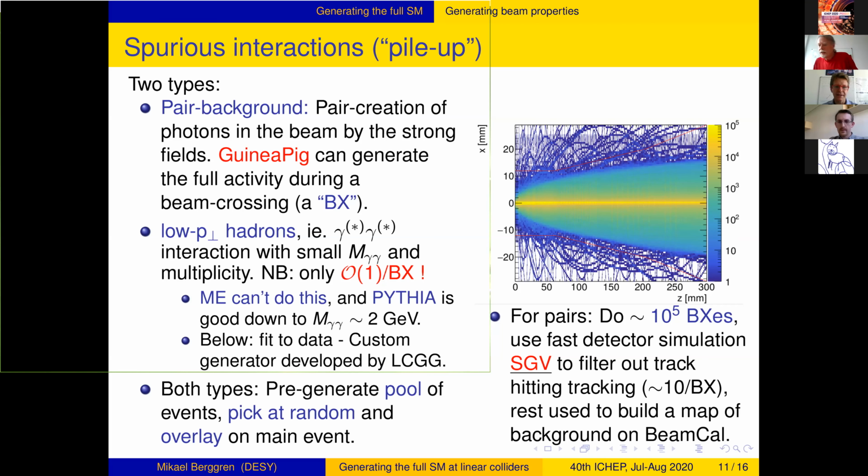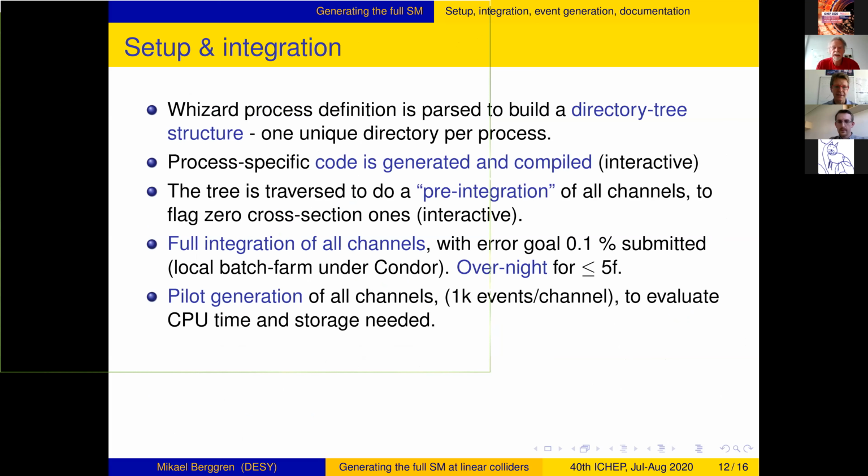Okay, so now for the organization of the process. Exactly the same WHIZARD process definition is tasked to build a directory structure which ends up at a unique directory for each physics process. The code needed for each process is compiled, and the pre-evaluation of the phase space integrals is done, which makes it possible to mask out processes that actually have no cross-section.